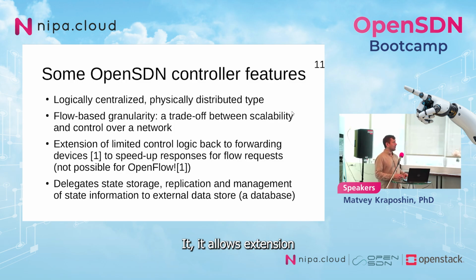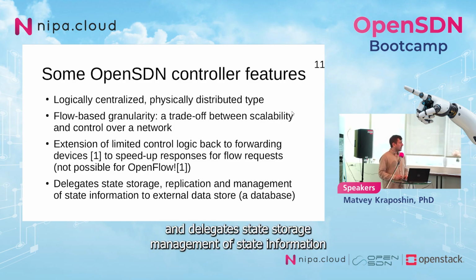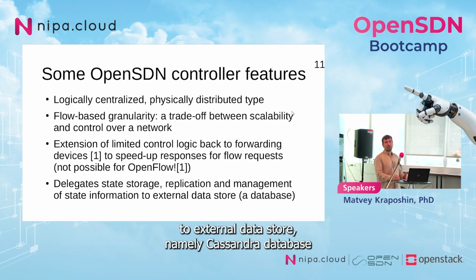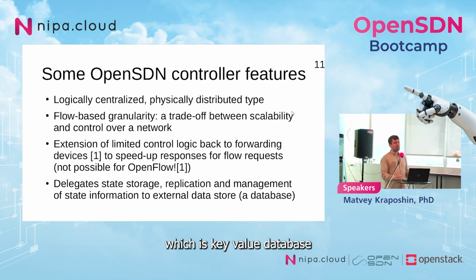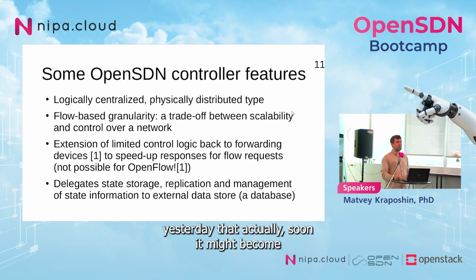It allows extension of control logic back to compute nodes, it allows speeding up requests for flow, and it delegates state storage management of state information to an external data store, namely the Cassandra database, which is a key-value database. And it was interesting for me to know yesterday that actually soon it might become a vector database.